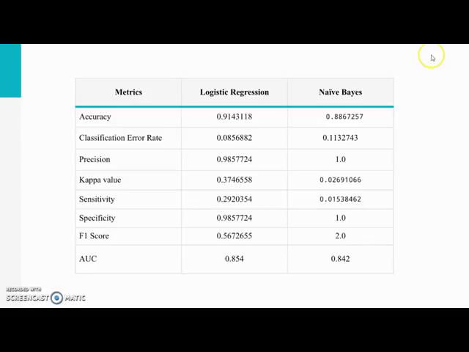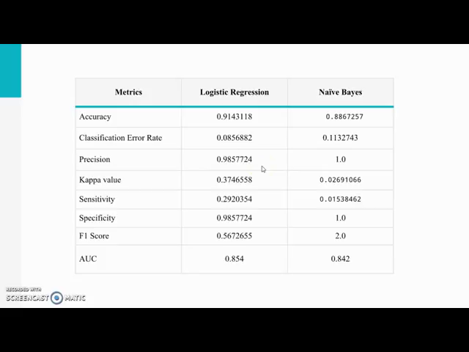As we can see, logistic regression is a better model for predicting the classification of this data set because it has 91.43% accuracy as compared to naive Bayes, which is only 88.67% accurate. However, naive Bayes is more precise because it is 100% precise, while logistic regression is only 98.57%.